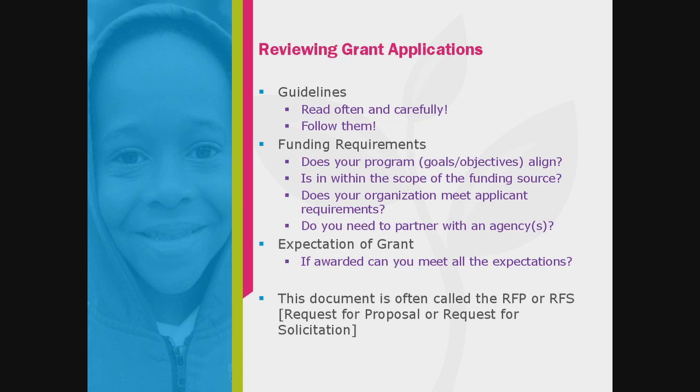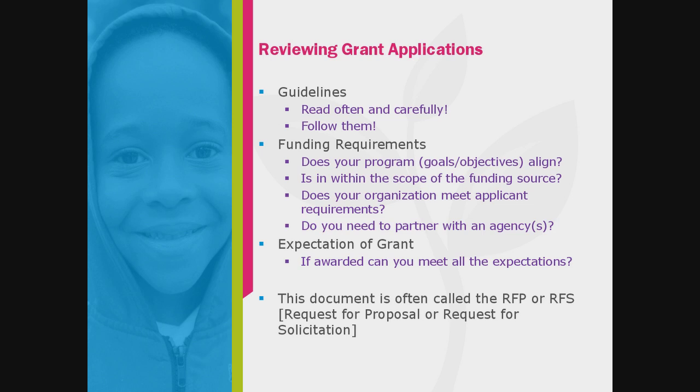As you find various grants, you'll want to review the grant application. Here are some guidelines for reviewing the grant application as you start to write them. Every grant application is going to have some sort of guidelines. You want to read the guidelines, reread them, and reread them. It's often helpful to print them out so that you can refer to them while writing the application.